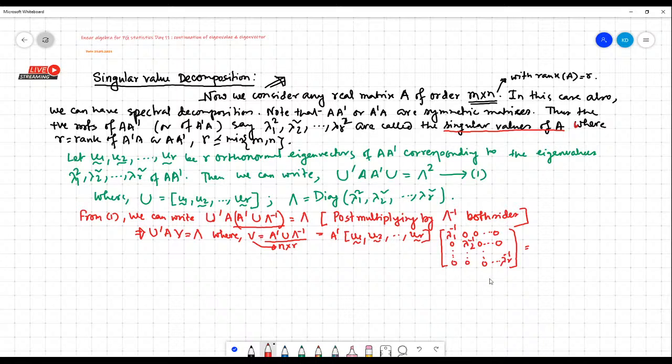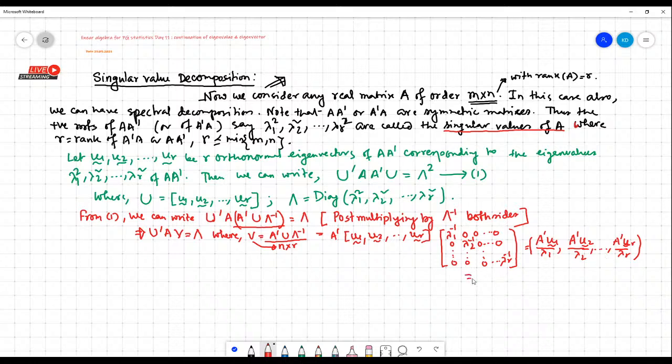So this is equal to A prime U1 curl divided by lambda 1, A prime U2 curl divided by lambda 2, up to A prime Ur curl divided by lambda r.